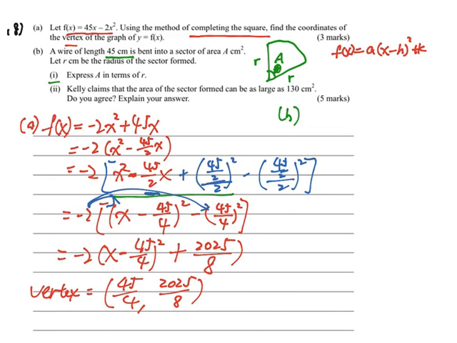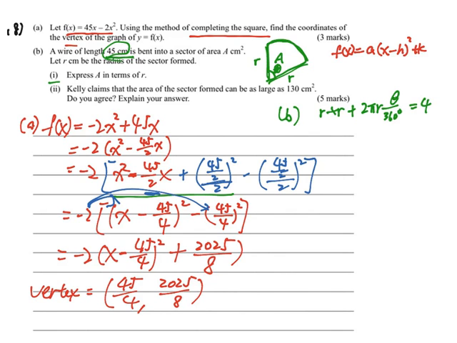Actually, we have two things. One, the total length of this sector is 45. So for the length, we know R plus R for these two, with this arc length. This arc length is 2 pi R with theta over 360.